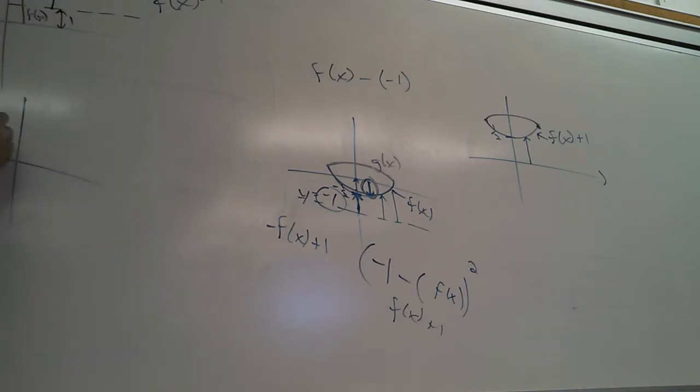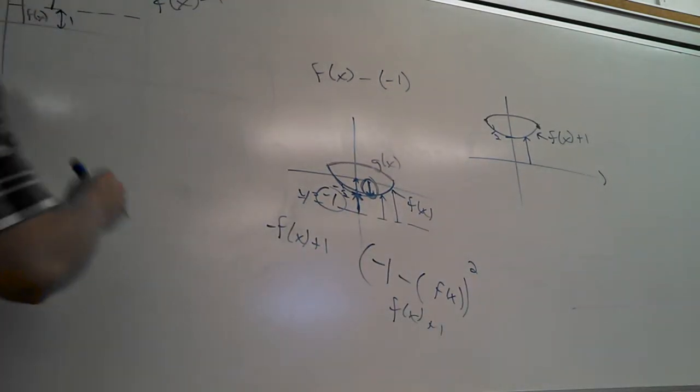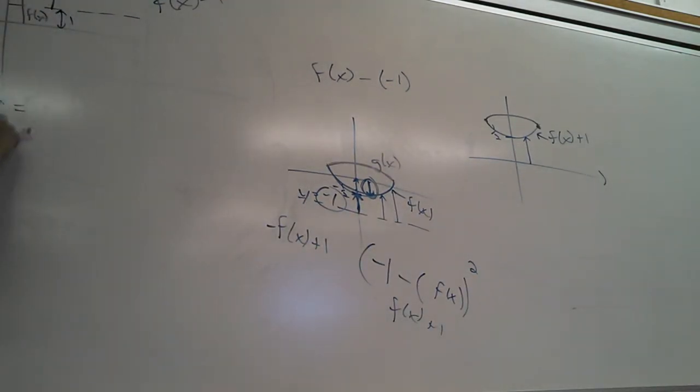Now, the minute I have something dipping below that axis like that, this is where things get weird. Let's make a specific function here. That'd be better. Let's say f of x is x squared minus 1.